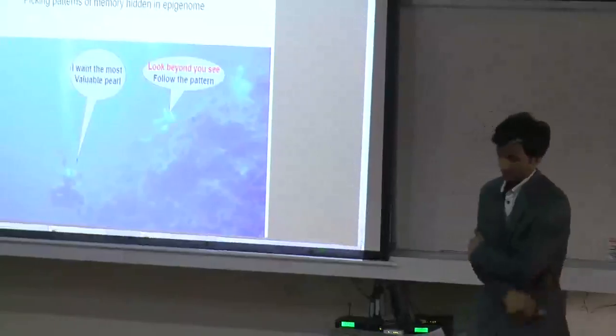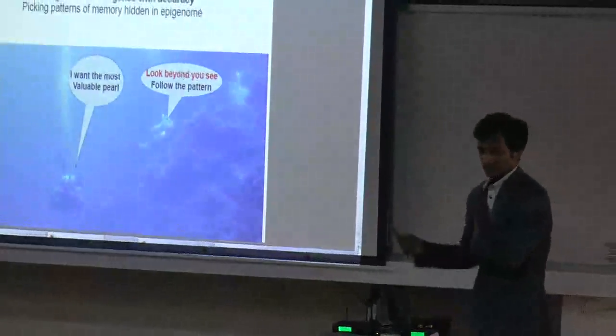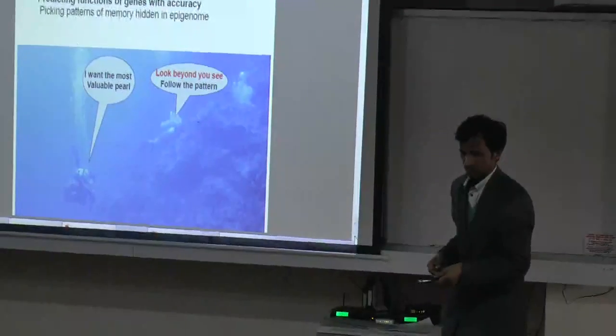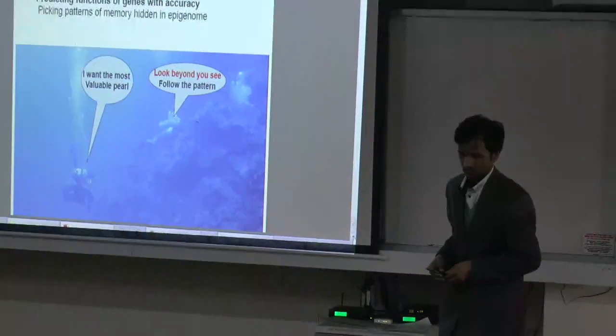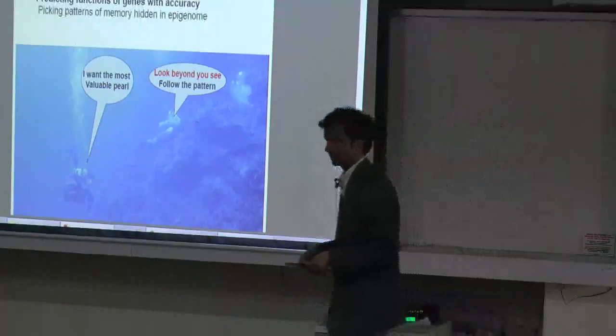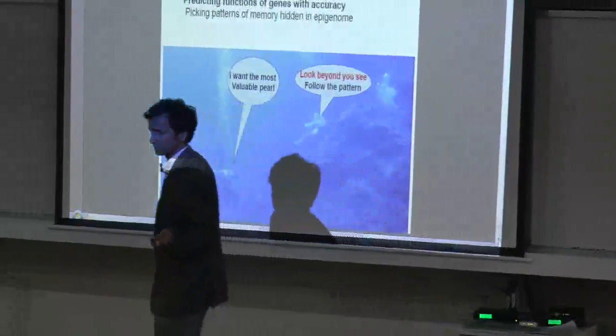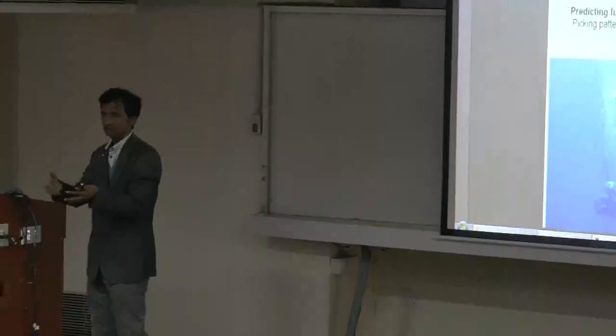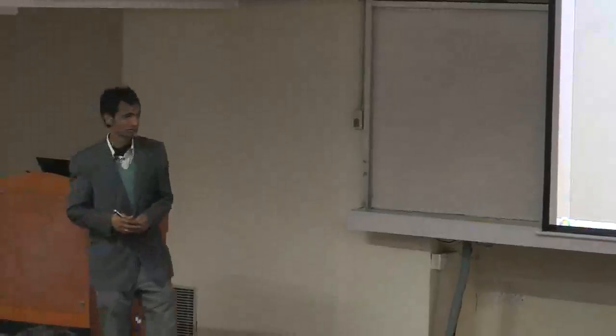Not only that, using epigenome profiling, you can do it for samples which are frozen in Siberia for thousands of years. People are doing it. Mammals died a long time back, but some pieces of them are still frozen in Siberia. We can do epigenome profiling on that to get a picture.